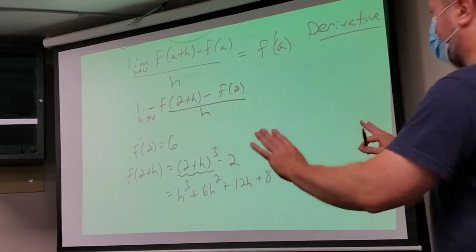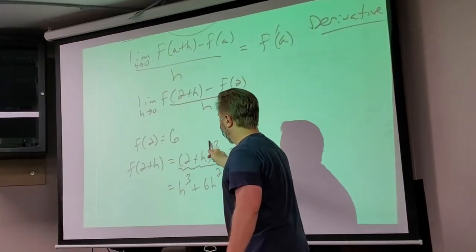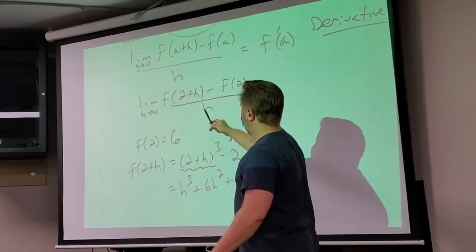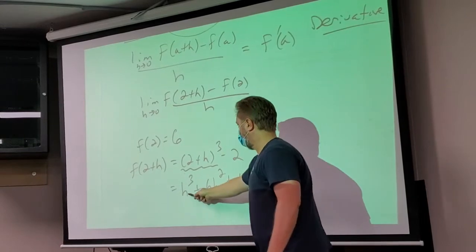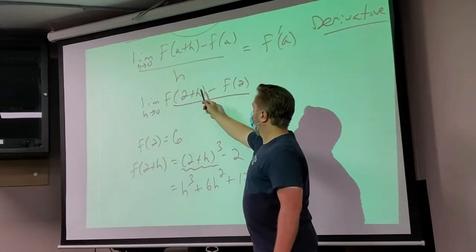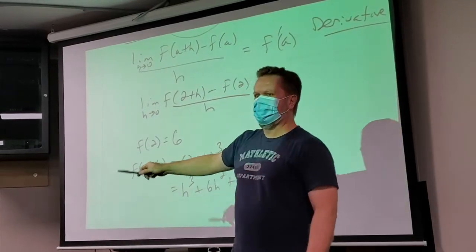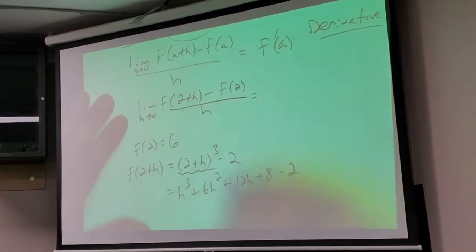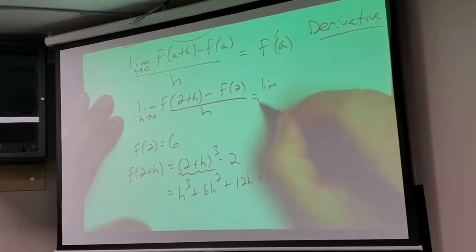So the only thing we did was I showed you a shortcut for doing something like this. That's all it was. Now I know what to put here. So what does this become? This becomes the limit as h goes to 0.